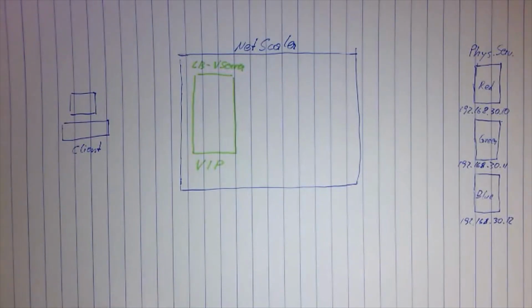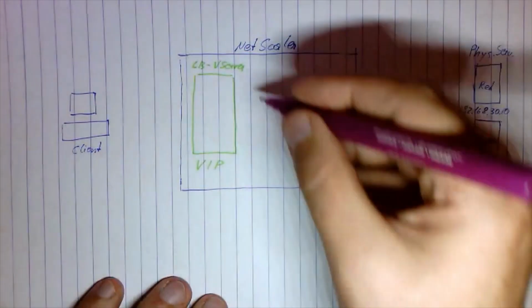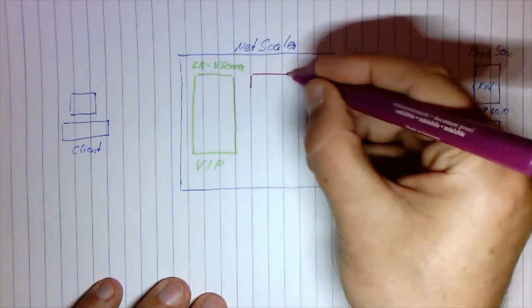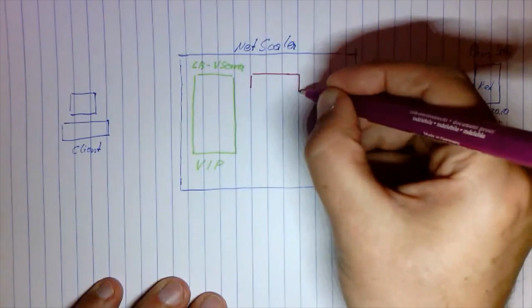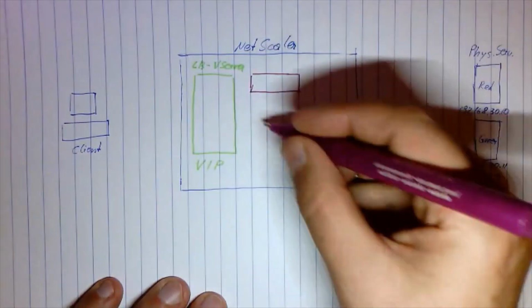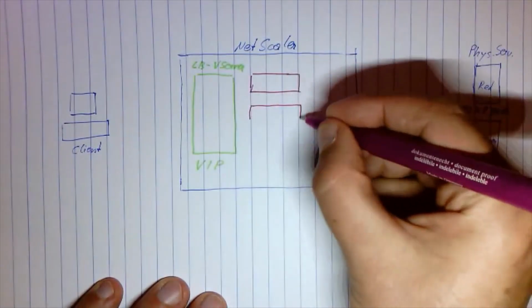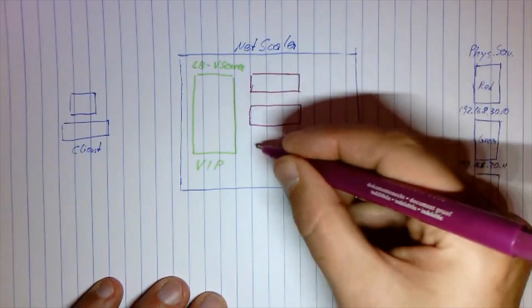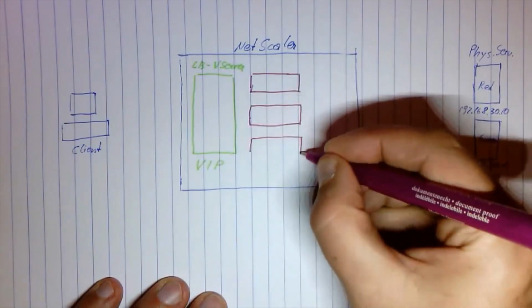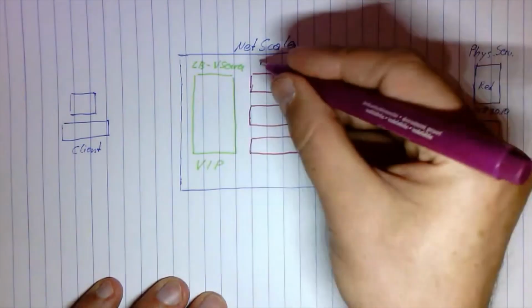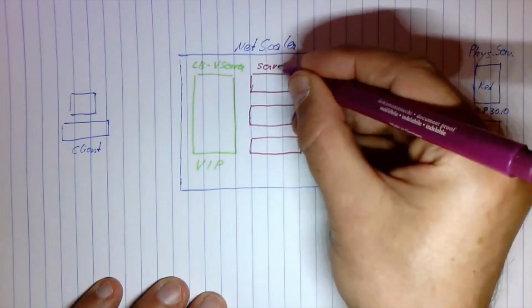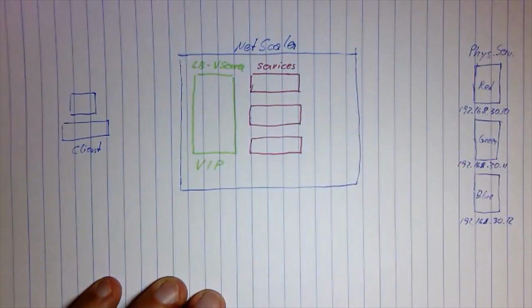Next identity to draw will be the services. Now the services are identities that know about the protocols we are using. This will be HTTP services, load balancing services. And the last identity is the server object.